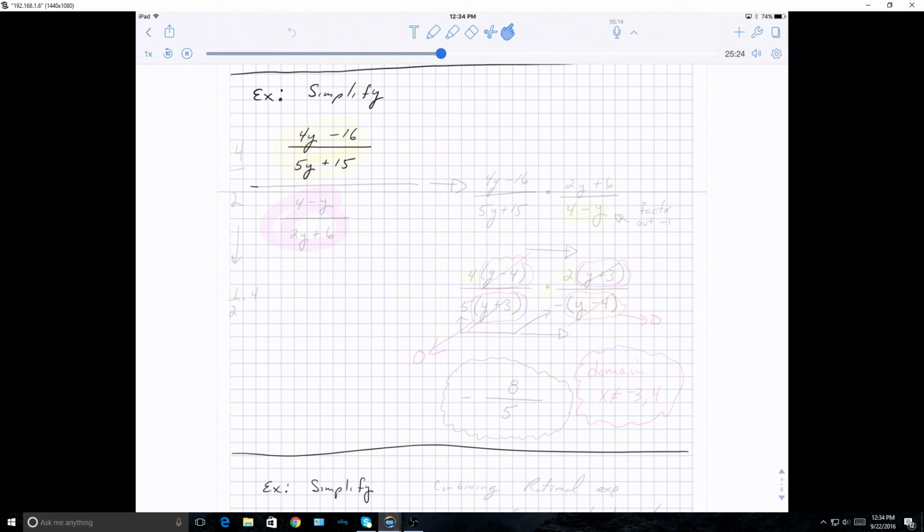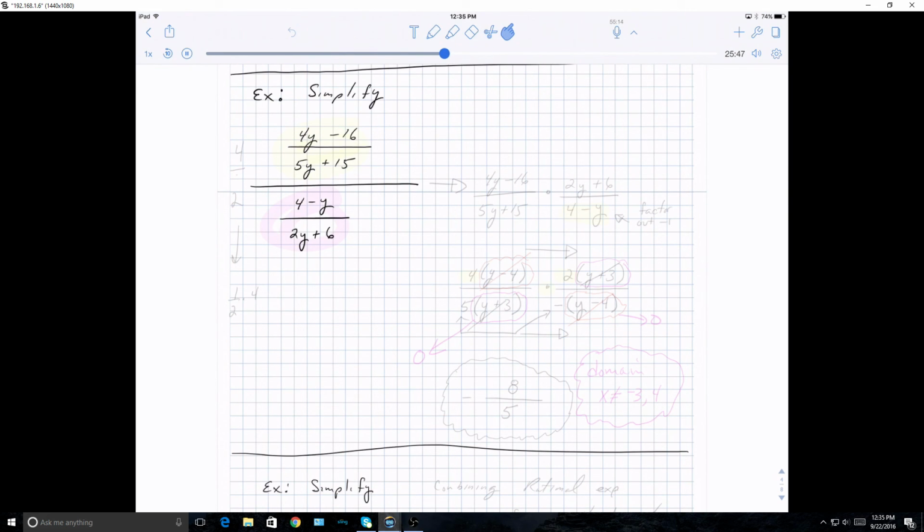And let's make that all divided by 4 minus y, all divided by 2y plus 6. Why not? Okay.